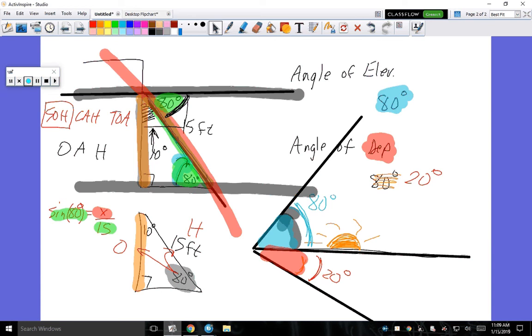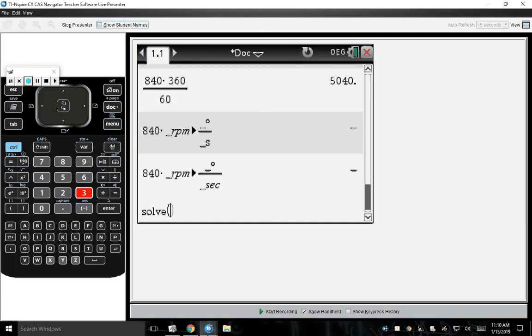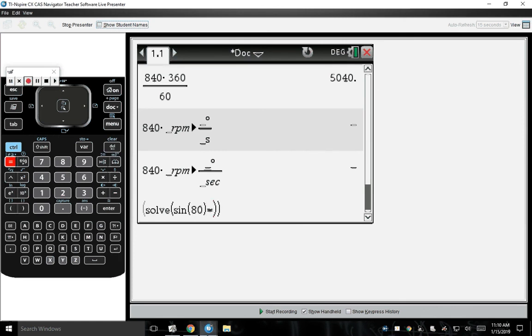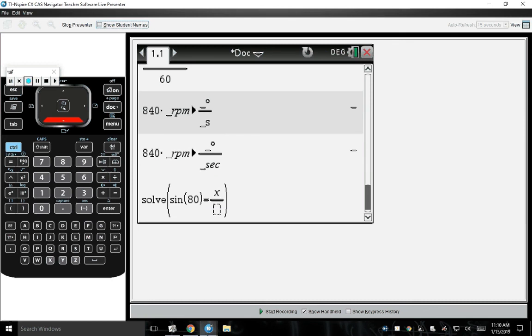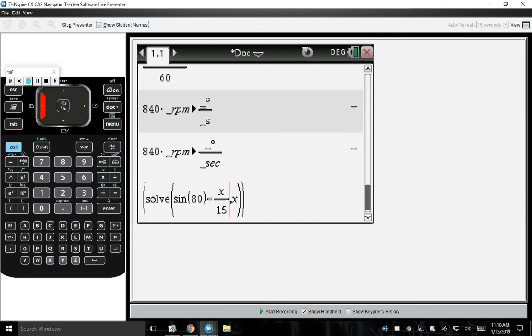It's going to be solving sine of 80 degrees is x over 15. I'm just going to put 80 because I'm in degree mode already. The sine of 80 is equal to x over 15, comma x.